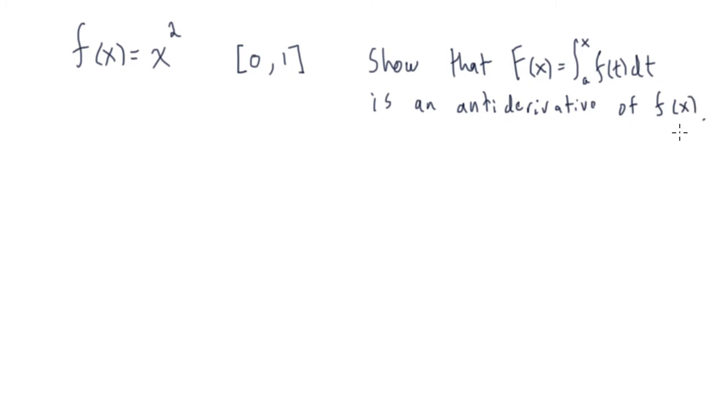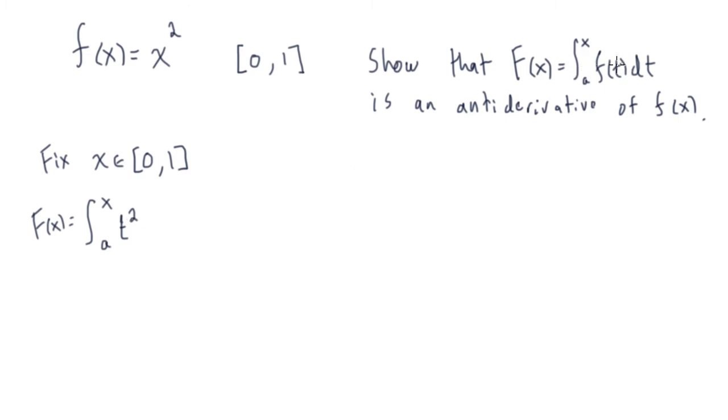Okay, so what are we going to do? Well, this function should be defined for any x in the interval 0 to 1. So let's just fix an x somewhere in here and actually just compute the definite integral as a function of this x that we fixed. So f of x is just the integral from a to x of x squared, or I guess t squared.